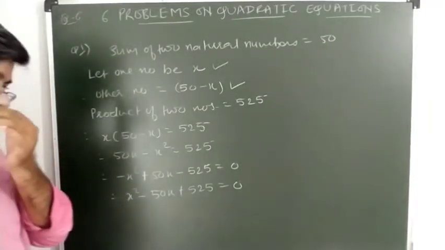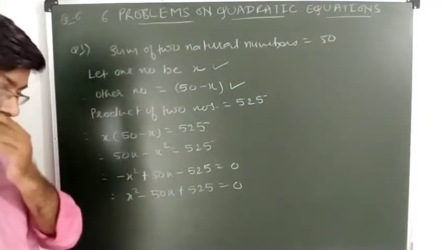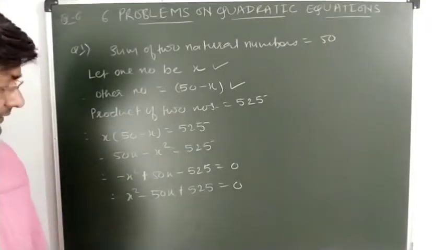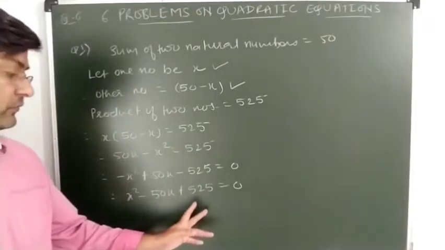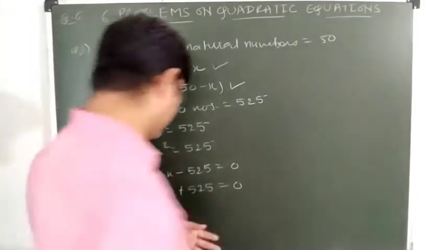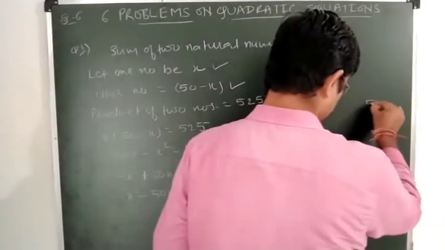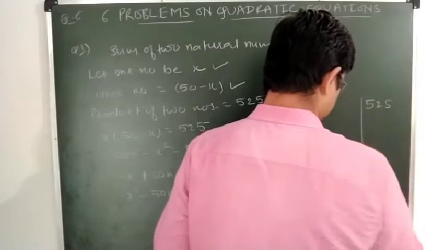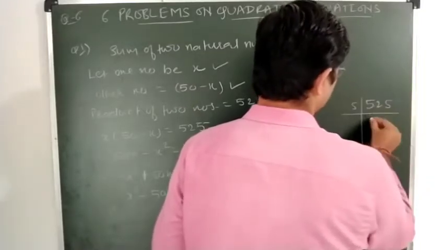Now we have converted this into the standard form. Now we can factorize. Obviously we have to find two numbers whose product is 525, yes or no? And the sum is 50.